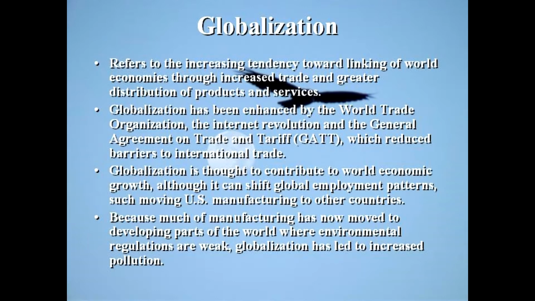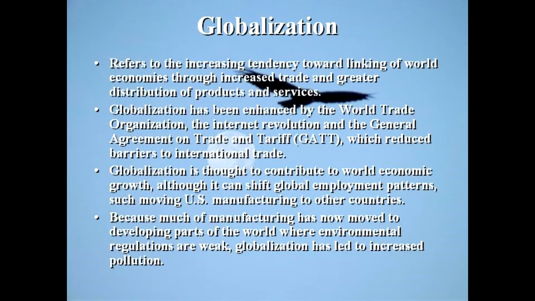However, as we've seen in the US, it's not all a plus. We've seen many jobs leave the US to other parts of the world, so there can be global shifts in employment patterns. So, for example, the textile industry in the US has largely shifted to other parts of the world.